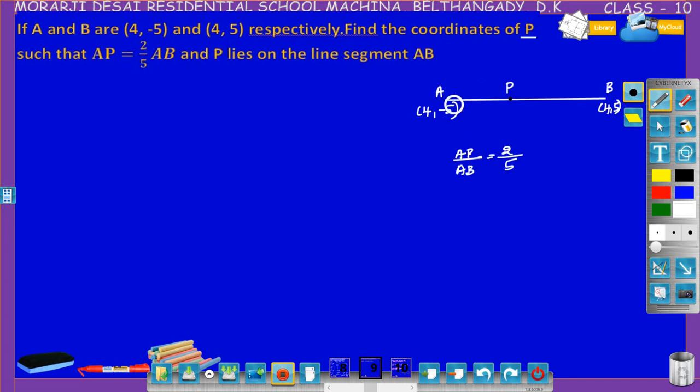So what about AP by PB? AP by PB is equal to 2 by 3. Here AP by AB is given, that is 2 by 5. Whole length is 5. So AP is 2, PB is 3. So AP is to PB is equal to 2 is to 3.